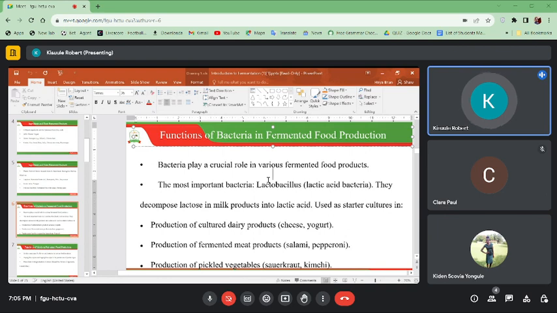And this is used as starter cultures in the production of cultured dairy products, for example, cheese and yogurt, also in the production of fermented meat products such as salami and pepperoni, and in the production of pickled vegetables such as sauerkraut and kimchi.